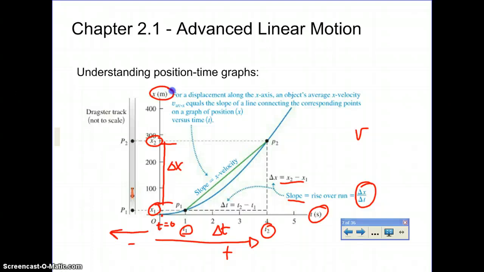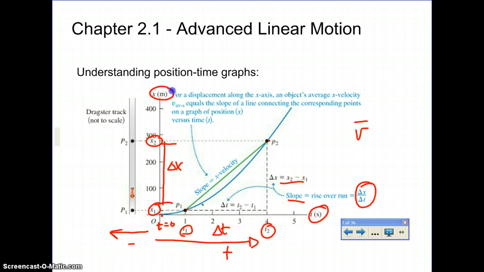Here you can see in this graph you have 2 distinct times, and the slope of the line between those two is going to be your average velocity. And we indicate average velocity by putting a line over the letter v. The average velocity is not necessarily going to be the same as the slope anywhere else along the way.